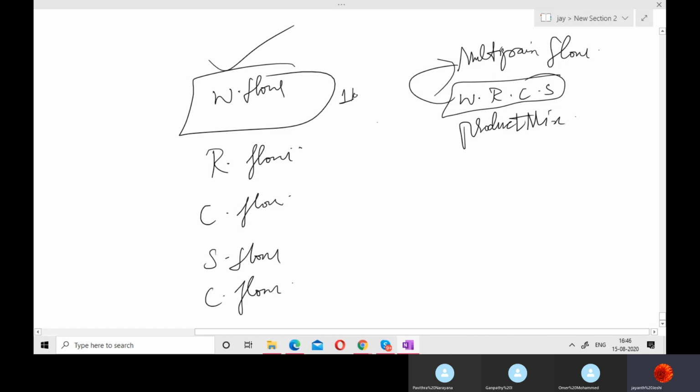1 kg wheat flour would be 40 rupees, for example. Rice flour would have a different cost, and each of these would have a different cost. Based upon that, it depends how many grams you are mixing. So 1 kg multigrain flour is not totally wheat flour.